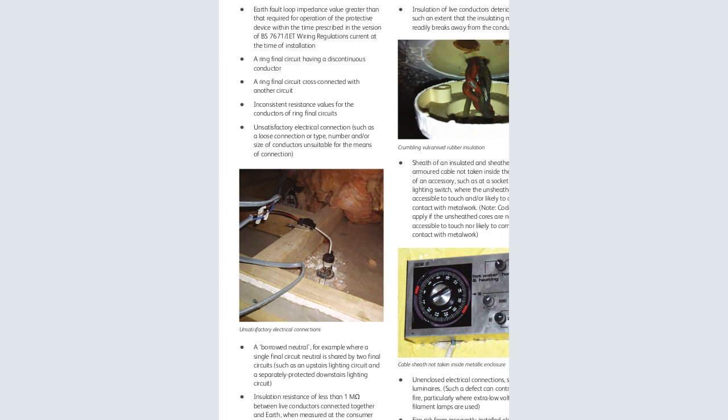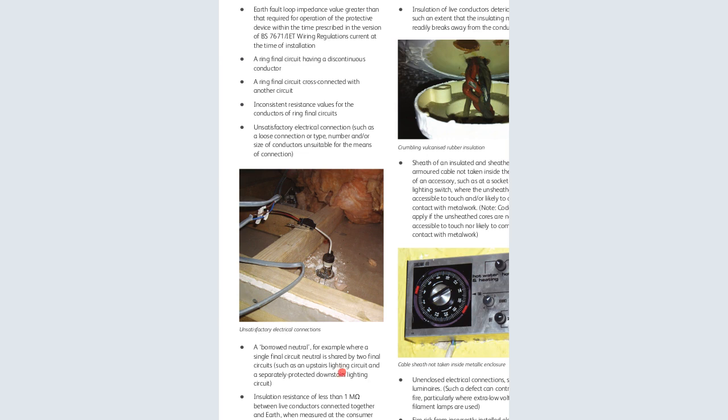You remember we said that normally after installation we do these resistance tests. And we look for unsatisfactory electrical connections, such as a loose connection, or a number or size of conductors unsuitable for the means of connection.